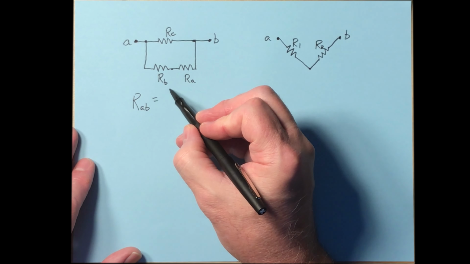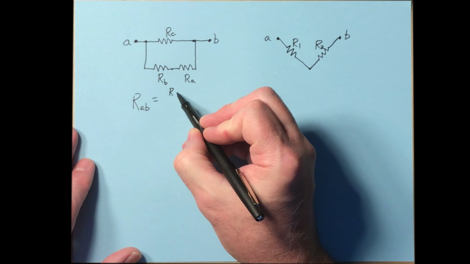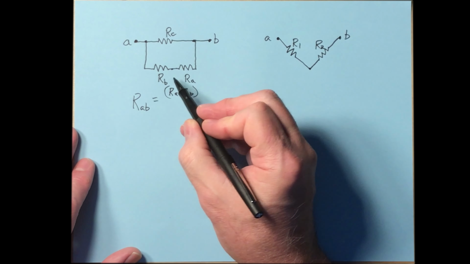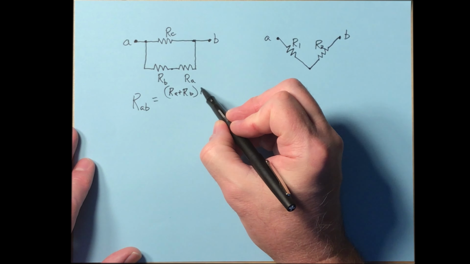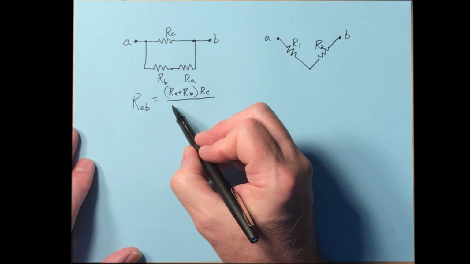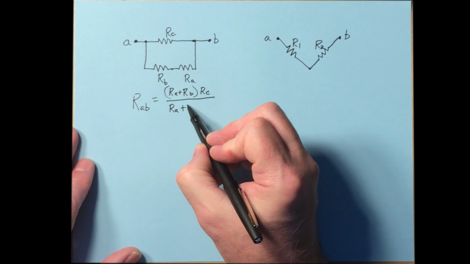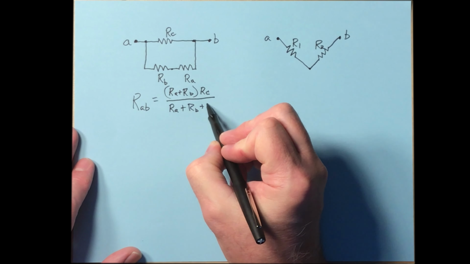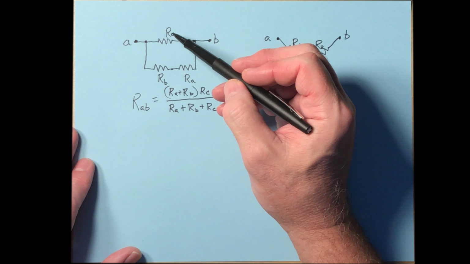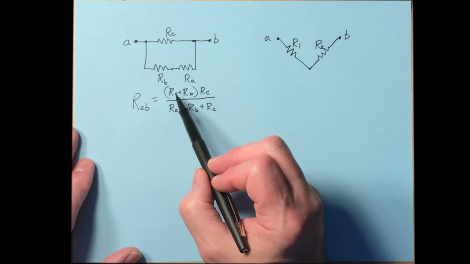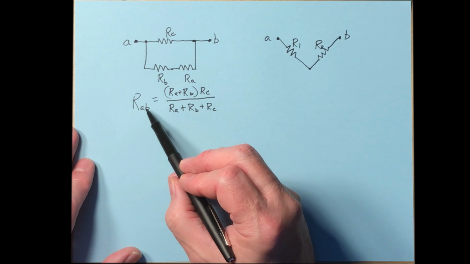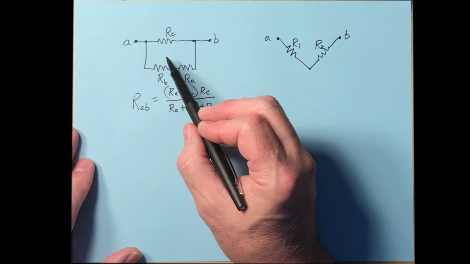So this is going to be R sub A plus R sub B, that's the series portion, multiplied by R sub C over the sum R sub A plus R sub B plus R sub C. So this is nothing but product over sum for this parallel system here, but A and B have already been combined here. Okay. Now that's R_AB for this circuit.